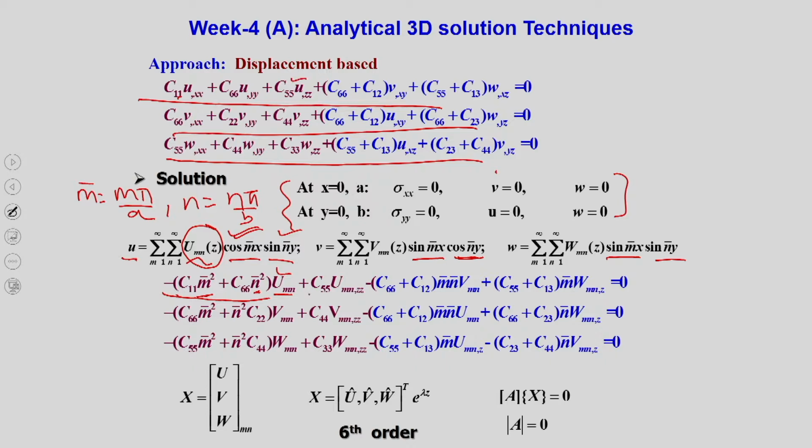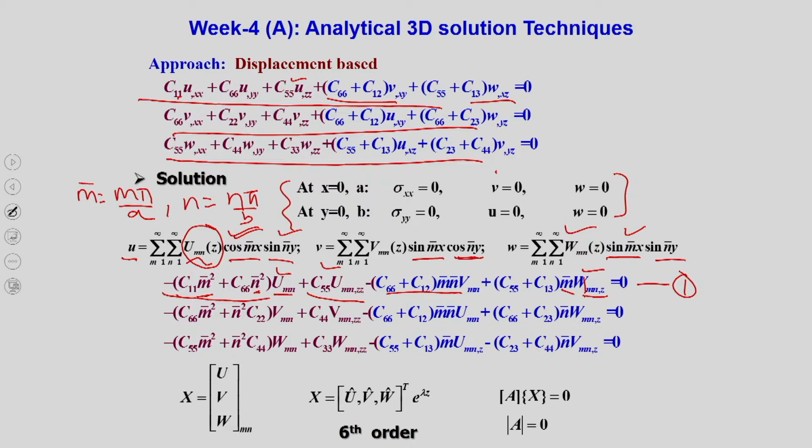Similarly, you substitute it here. So, u_mn comma double z, and you substitute it here v comma xy, then w comma xz. So, along the x direction derivative will be there, along the z direction derivative of w_mn. So, in this way you get a modified equation.